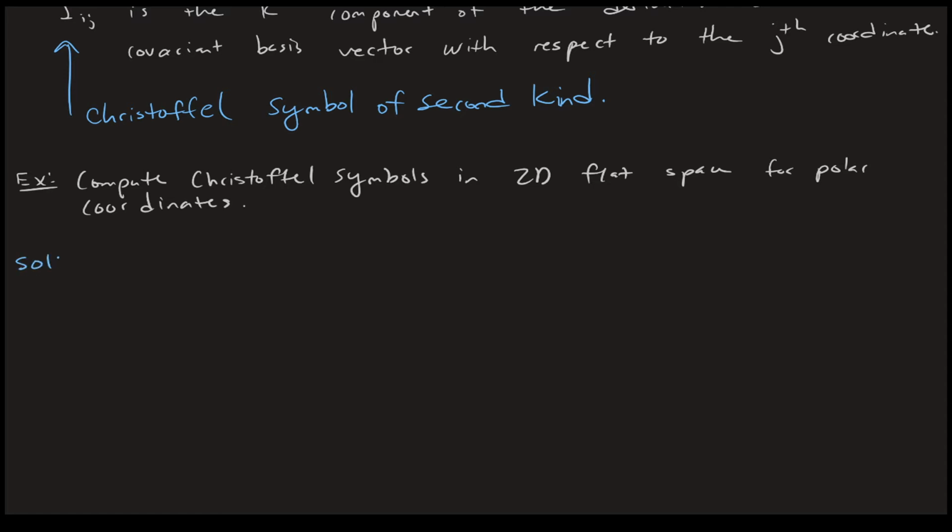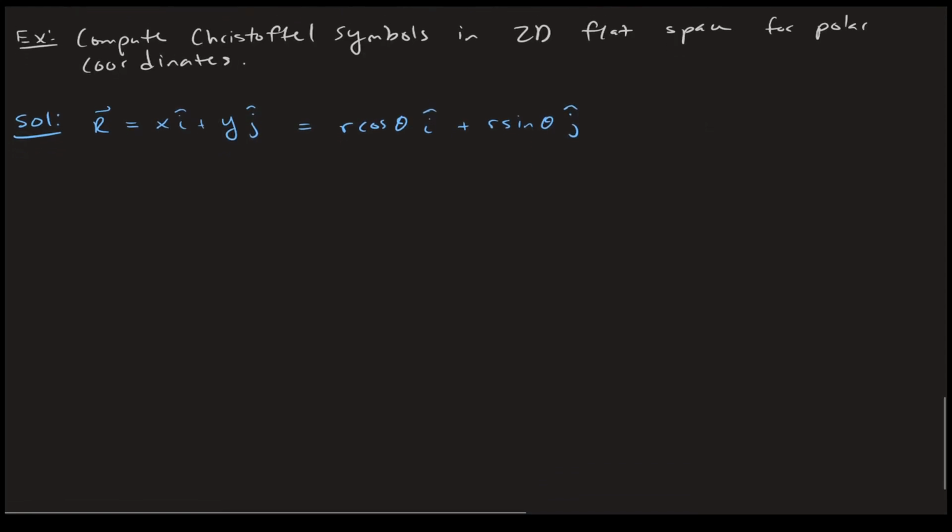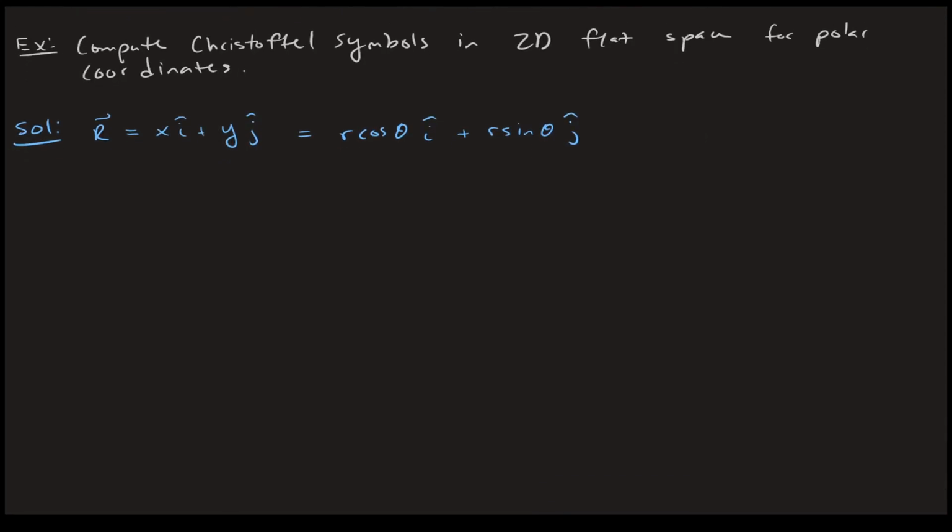So the solution here, we have our position vector is x i plus y j, which is equal to r cosine theta i plus r sine theta j. So z sub r is equal to cosine theta i plus sine theta j.